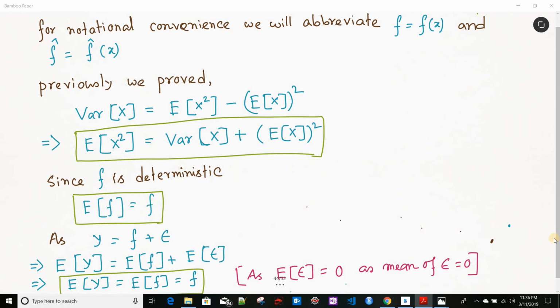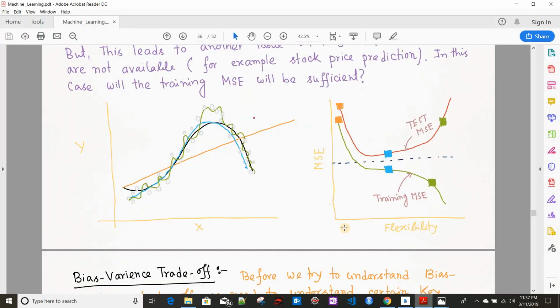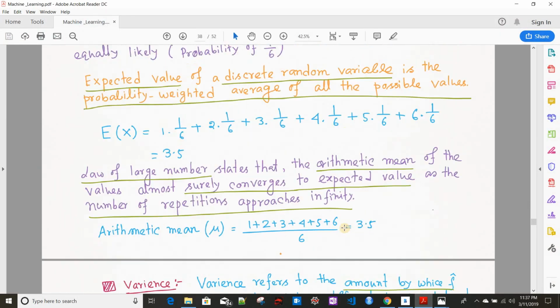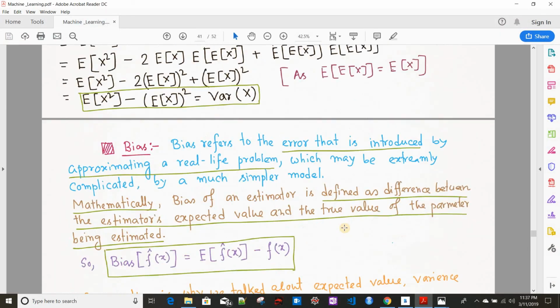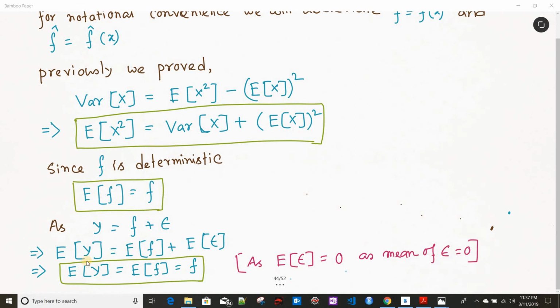And we have our main output variable y equals f plus epsilon, which we have defined over here. Now what will be the expected value of y if I apply expected value on both sides of this equation? The right side will become the expected value of f plus the expected value of epsilon.